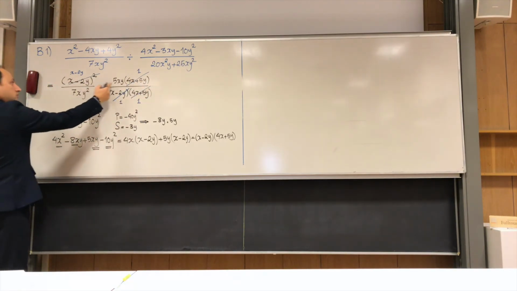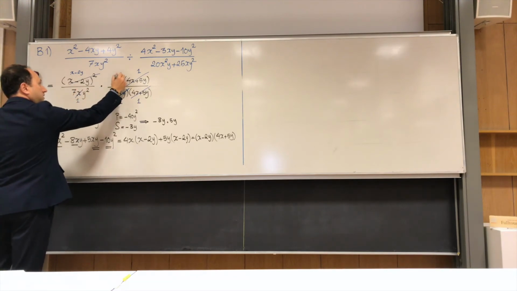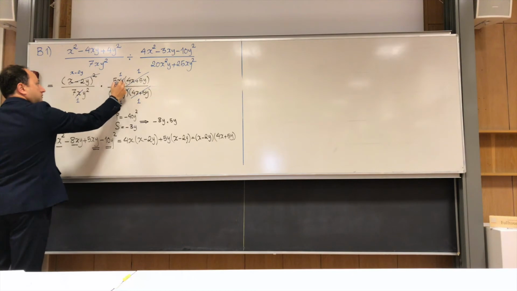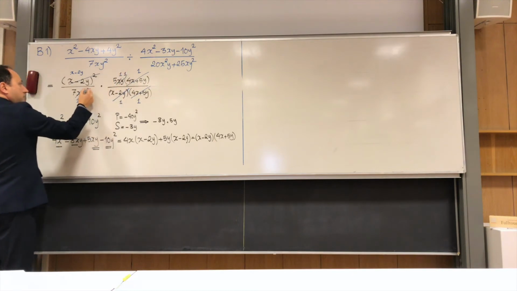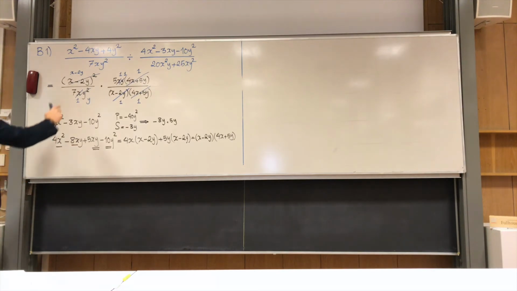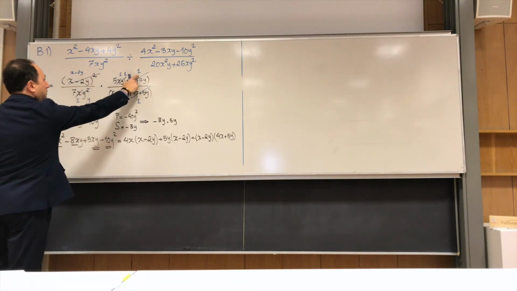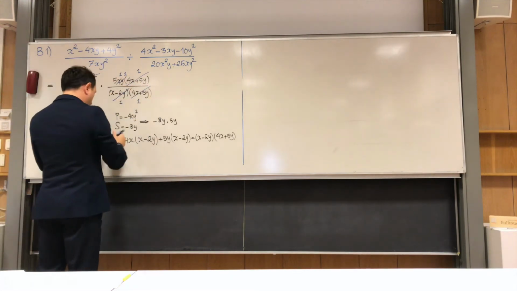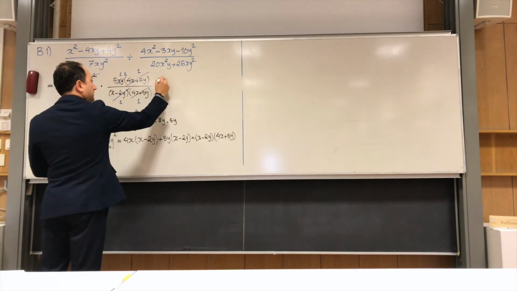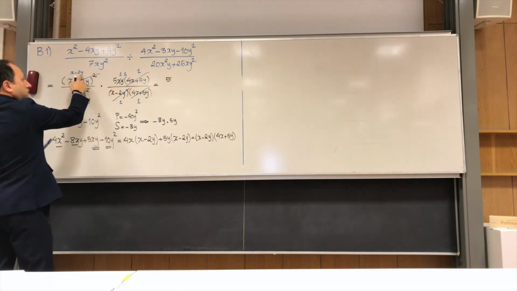And here we have also the same. This x divided by x one time, this x divided by x one time, this y divided by y one time, this y squared divided by y times. And then you see x minus 2y, 5, 1, 1, 1. So 5, and I have x minus 2y.